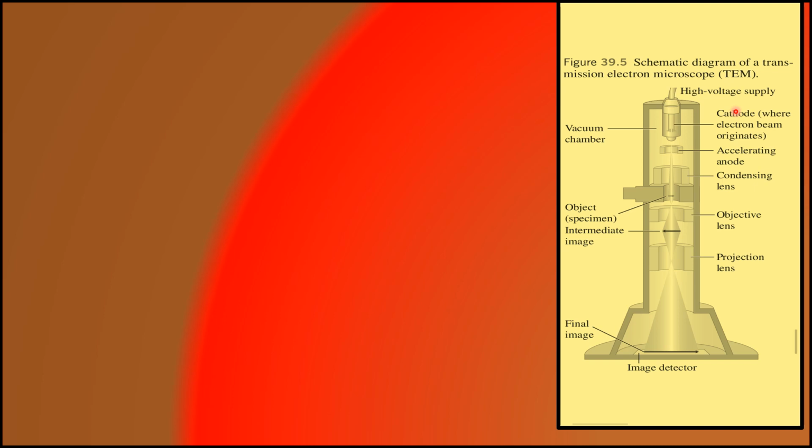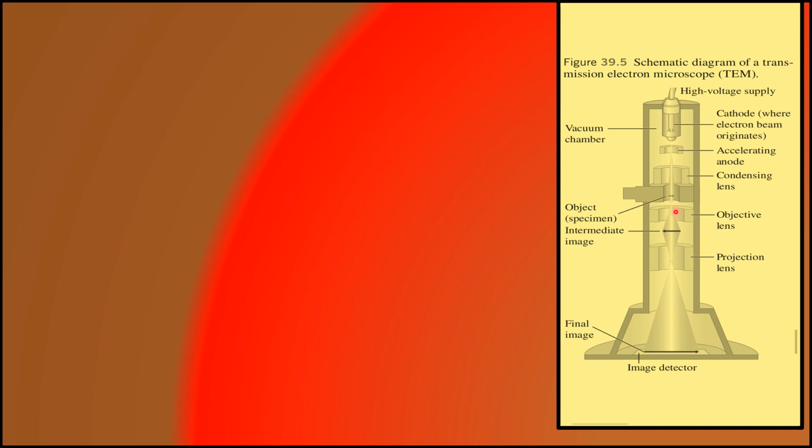The electrons used in a TEM are emitted from a hot cathode and then accelerated by a potential difference, typically from 40 to 400 kilovolts, and they pass through what we call a condensing lens, which uses magnetic fields to focus the electrons into a parallel beam before they pass through the specimen.